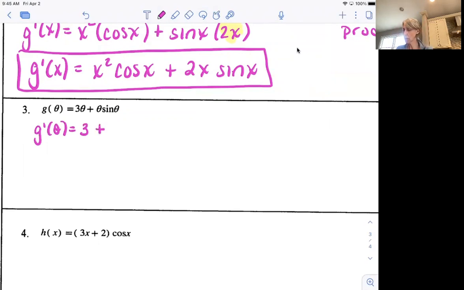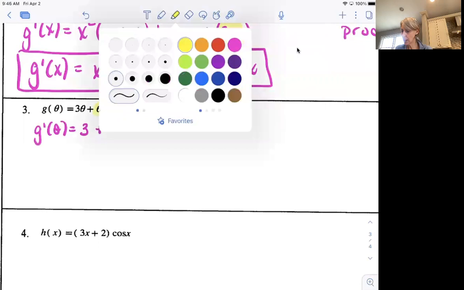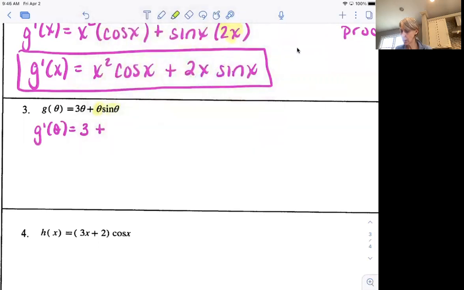This is going to be a product rule, this portion here. I'm actually going to go like this to help us see the two functions. So I have the first, which is just theta, times the derivative of the second, plus the second, times the derivative of the first, and the derivative of theta is just 1.